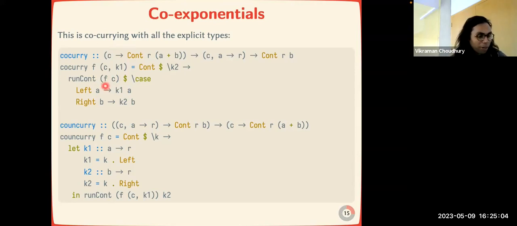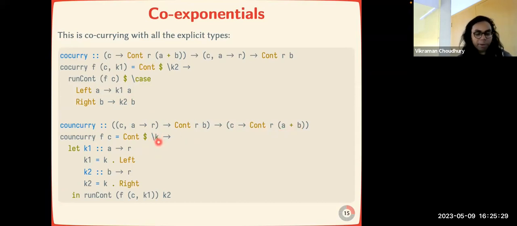Okay. So when you run f on c, you have to plug in two continuations. So when it is a, you call k1. When it is b, you call k2. If you want to write the opposite program, you have a continuation. You're trying to produce c to cont a plus b.